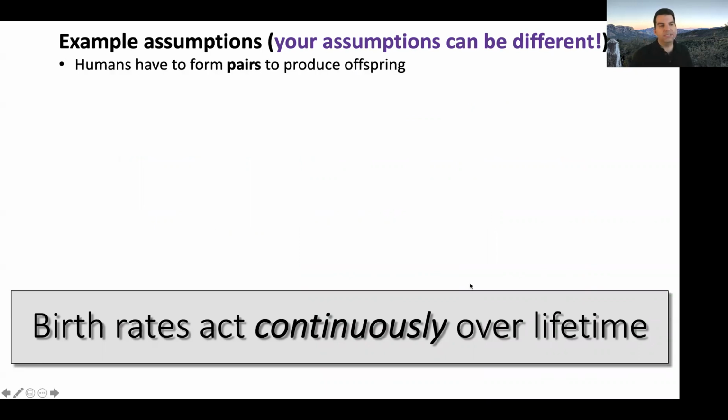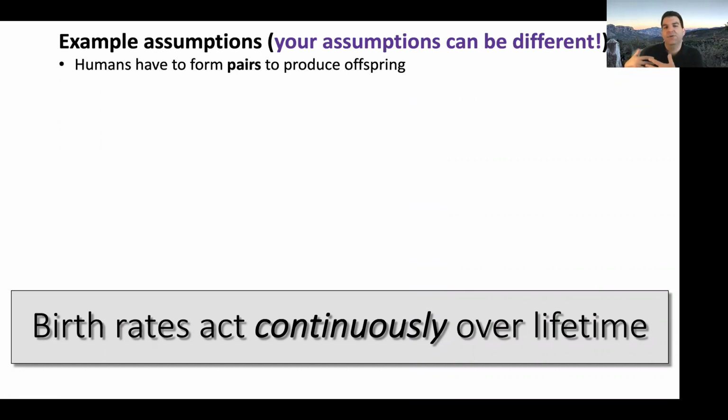One assumption we have to make is maybe that humans have to form pairs to produce offspring. So this is different than even the fish example. We didn't really talk about formally modeling how fish have to form pairs. In the bacteria example, we assume they don't have to form pairs to produce offspring, but in humans they do, because humans only reproduce sexually.